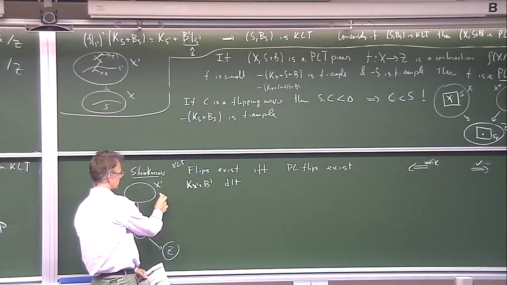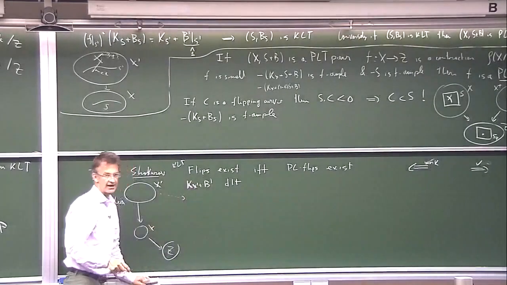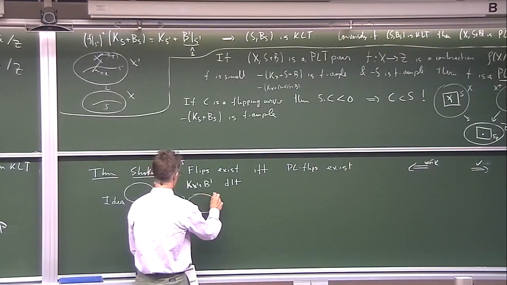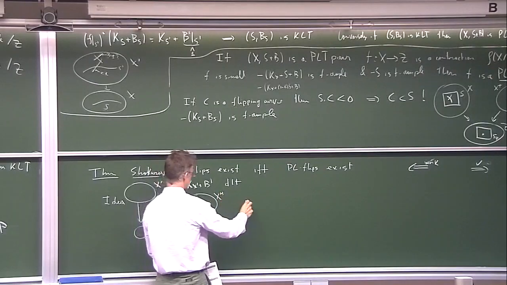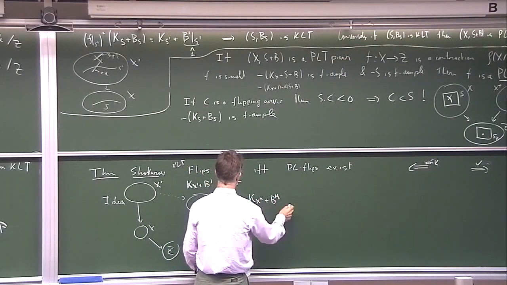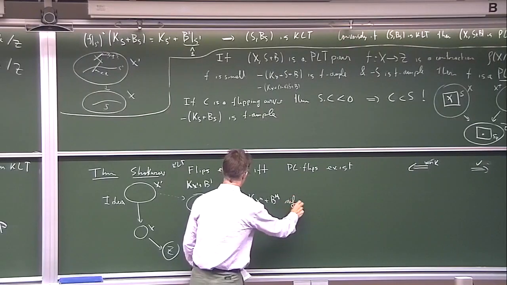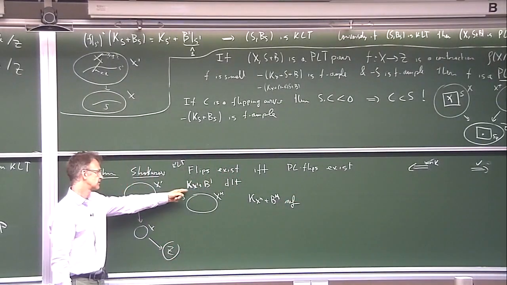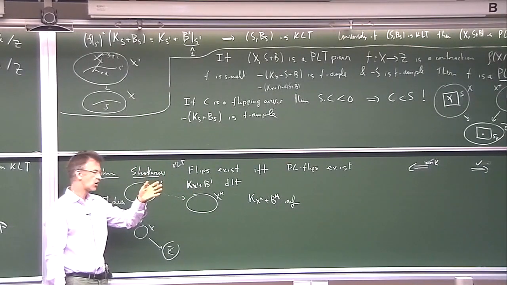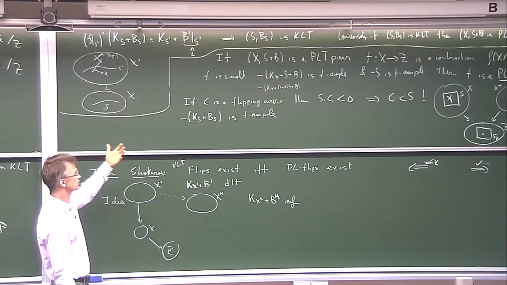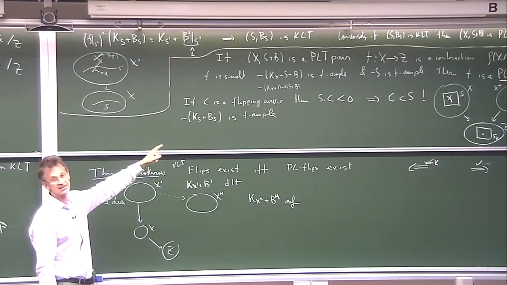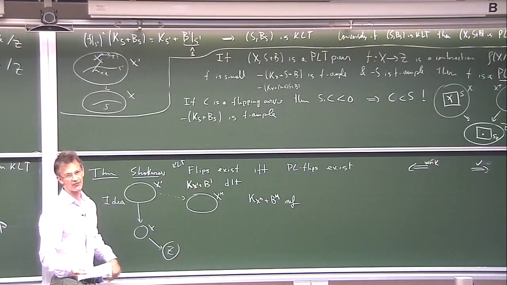And you run your minimal model program with respect to this pair here. And you show that the output of this minimal model program, let's call this XM, at some point you arrive with KXM plus BM being nef. When you're running something for a DLT pair, you have lots of divisors with coefficient 1. So it's reasonable to expect that each time you get to a divisorial contraction or a flipping contraction, there may be a distinguished divisor S, and you can cook up a PL flip with respect to that.